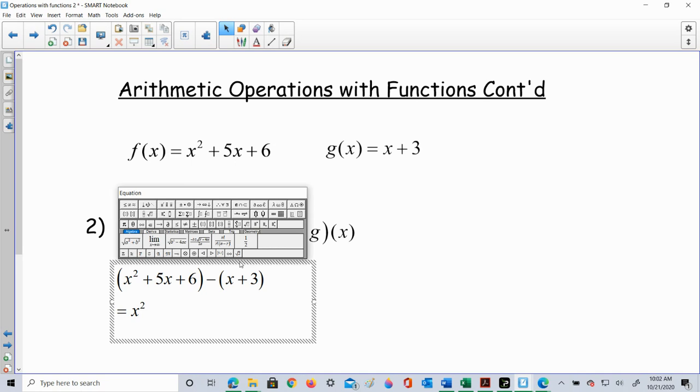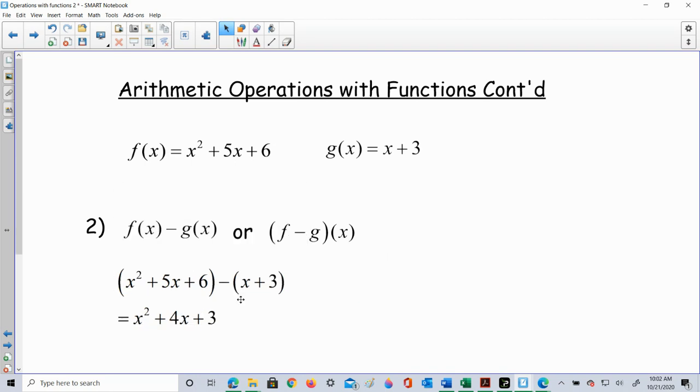X squared minus no other x squared just gives us x squared. But what is 5x now minus x? 5 minus 1 is 4x. And 6 minus 3 is 3. Exactly what we've been doing. It's basically combining like terms.